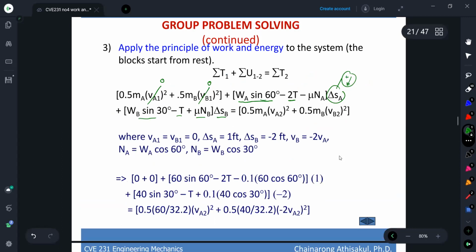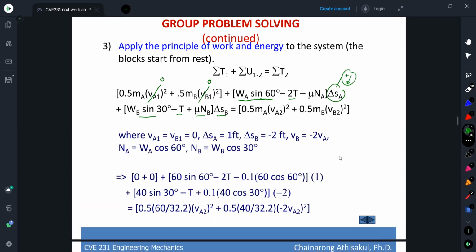So according to this, when we form the work done for each block and follow the positive sign convention, delta SB is negative 2 foot, and VB becomes minus 2 VA, and NA and NB become like this.